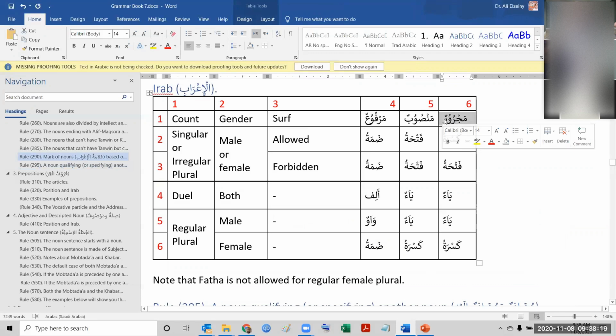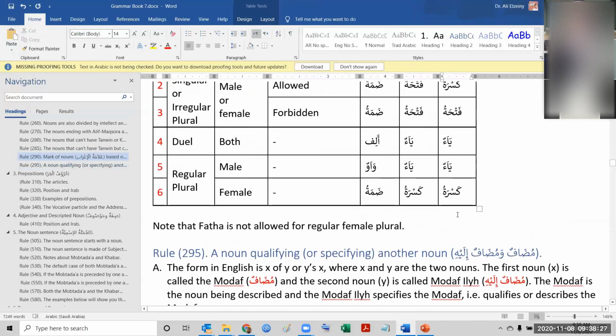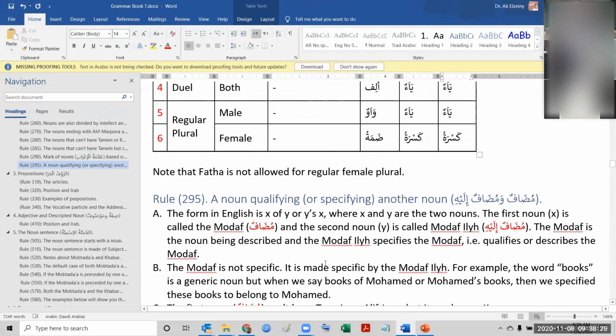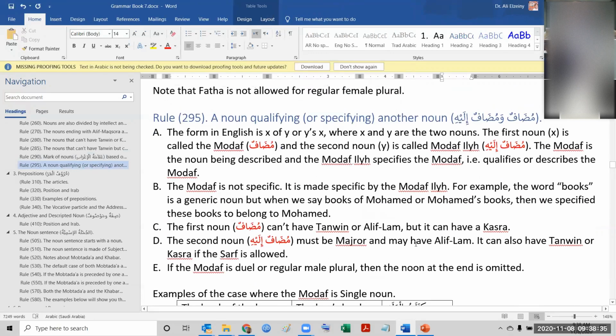Depending on the kind, we will do the grammatical form. The majrur can also have tanween. If the mudaf is dual or regular male plural, then the noon at the end is taken out.